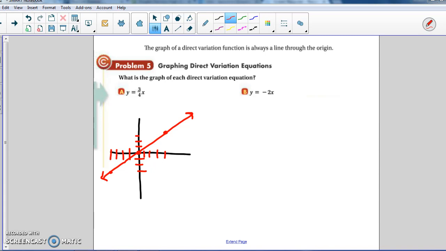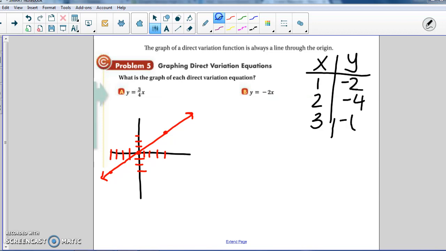And the same for B. To make a table of values, where we have x, y, and we could do 1, 2, 3. So then plug in and we get the values for y, which would be -2, -4, and -6.